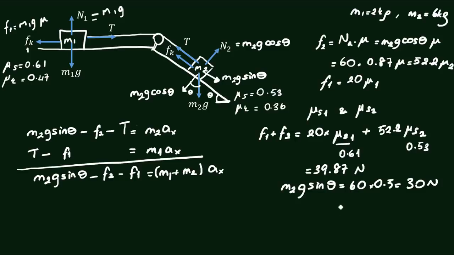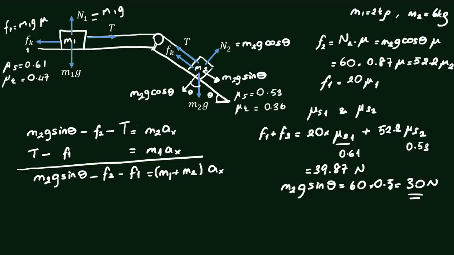As you can see, 30 newtons is not enough to overcome this friction force, 39.87 newtons. So these blocks will not be moving. They will be stationary.